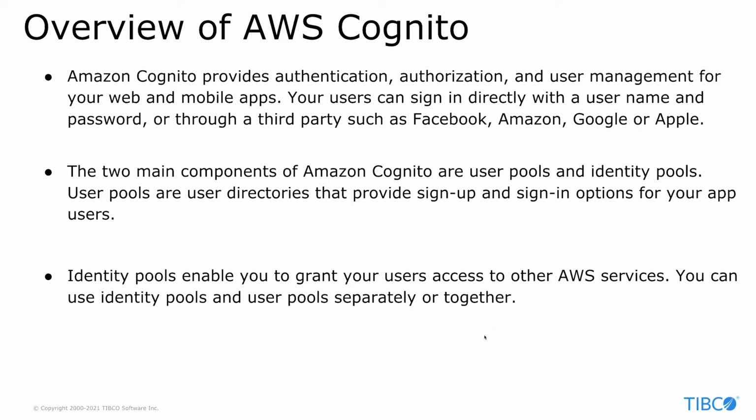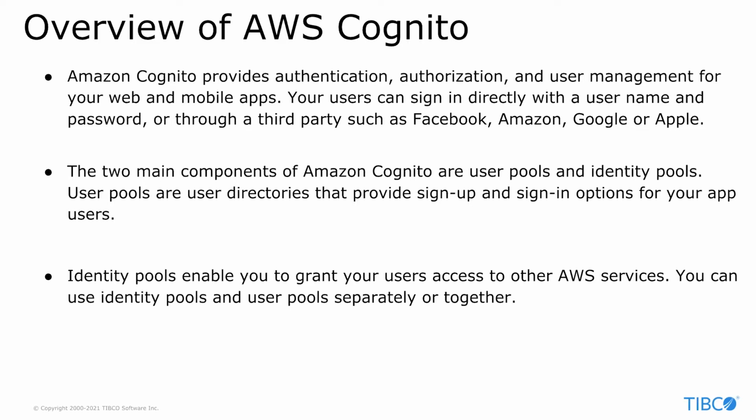So you can take federated user stores that you may have and connect them to Cognito as a central identity provider. We're not going to really cover that. That's not in scope today.